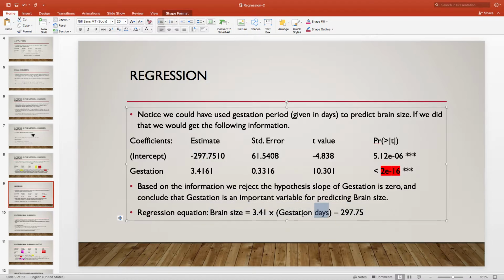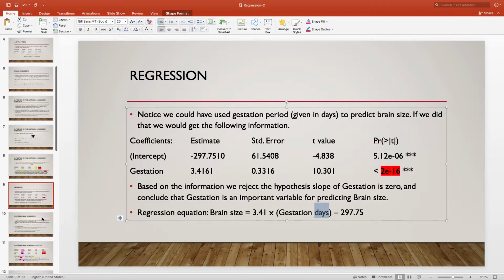It also doesn't make sense to have no gestation days. So this intercept, which is minus 297, doesn't make sense in this context because gestation days has to be greater than 0. And if it was 0, it's predicting you'd have a negative brain size. It just doesn't make sense.